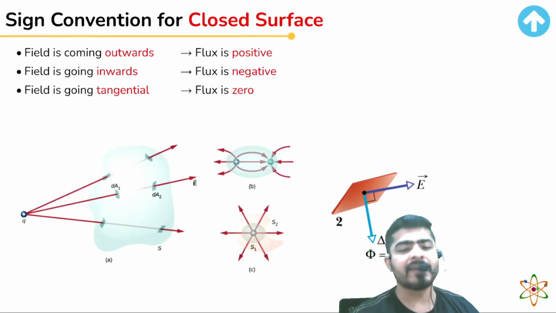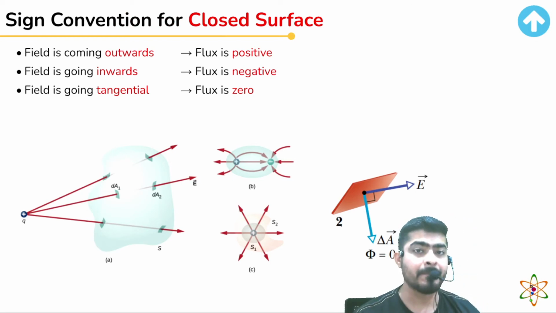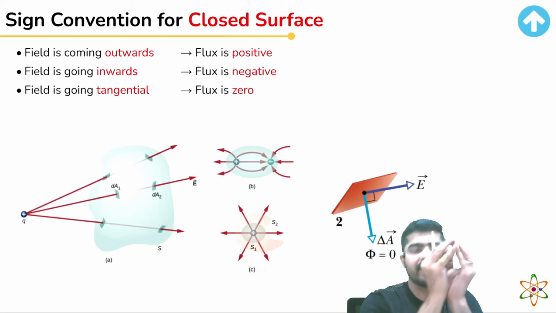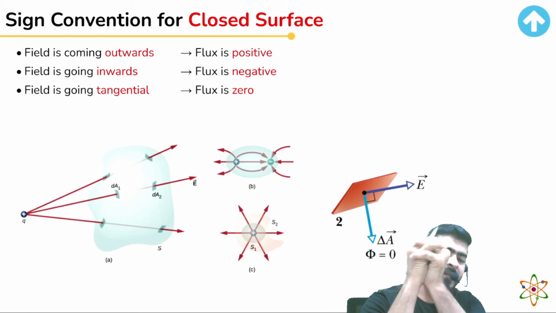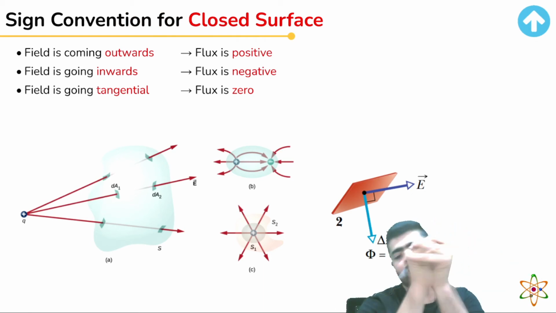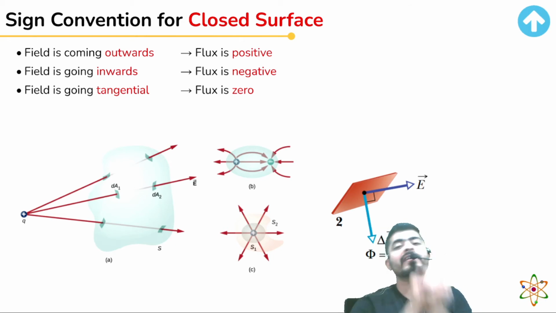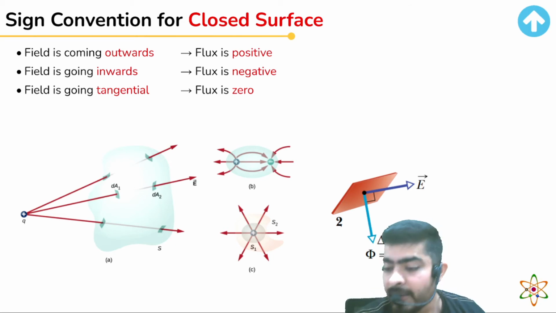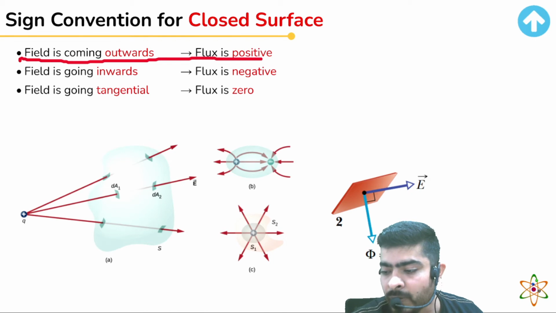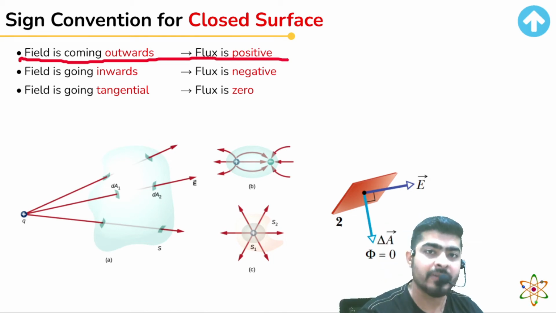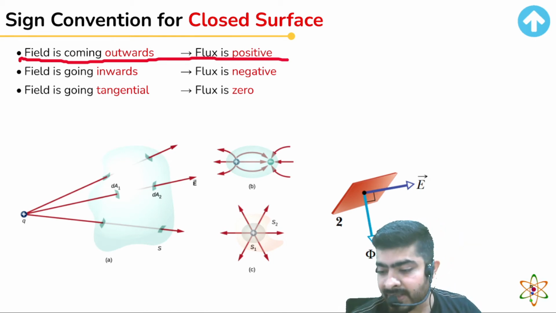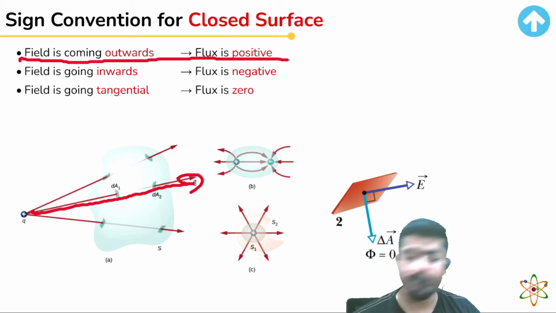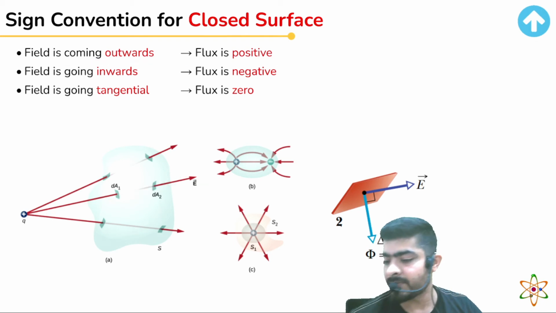Now there is some sign convention for the closed surfaces. Suppose I close my hands like this. So now there's a space inside my hands, right? So this is a closed surface. In case of closed surface, if field is coming outwards, we take flux as positive. Look at this electric field line. From this point, the field is coming out of the surface, right?